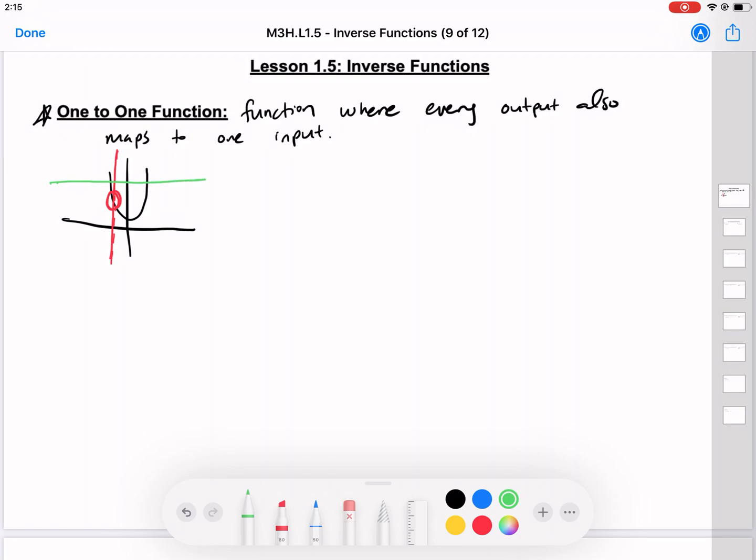So this is like the y value 5, right? If it's a one-to-one function, we can only map to one single x value. Notice the graph I made, which is a quadratic, is not a one-to-one function. Okay, so this tells us it has to pass the horizontal and vertical line test.